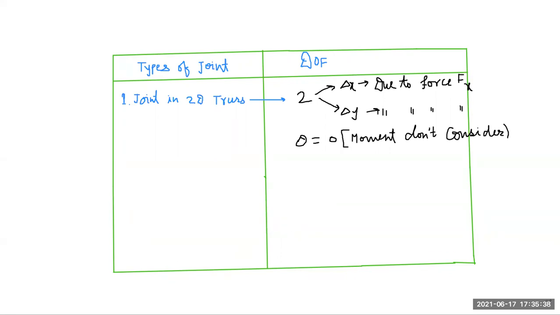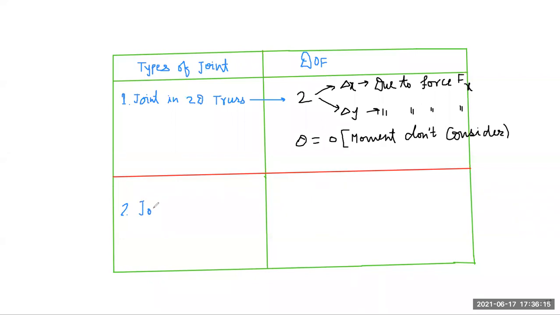If your joint is in 2D, then possible degree of freedom is equal to 2. Next one is your joint in 3D truss.